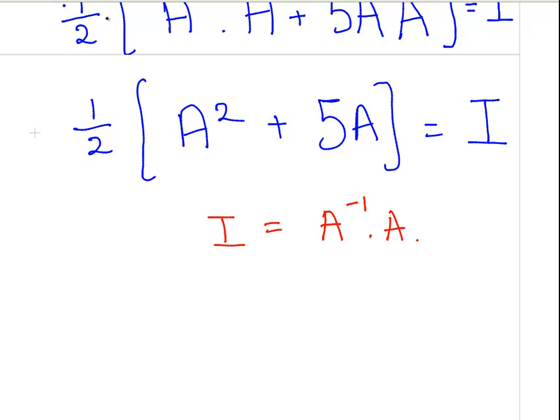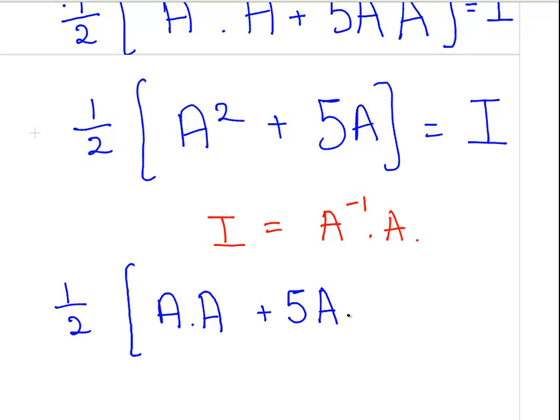So our expression here is 1/2 of (a squared, so that's a times a, let's just write it as that, plus 5 times a). For the sake of clarity, I'm going to write this as 5 times I times a, and that is equal to a to the minus 1 times a.